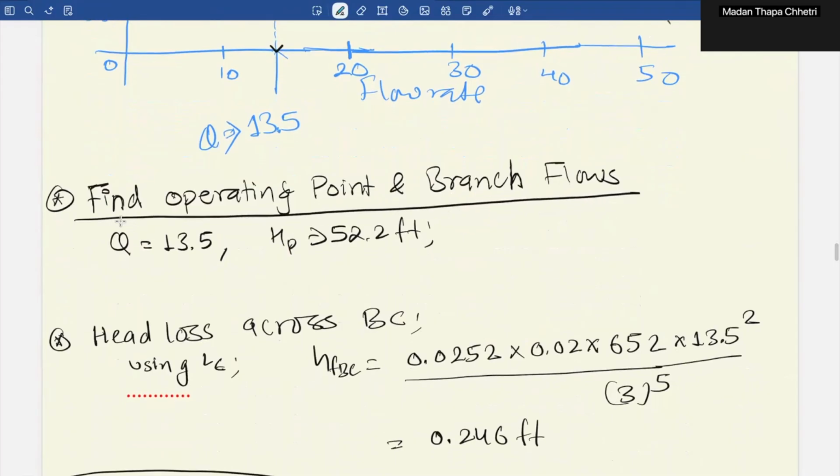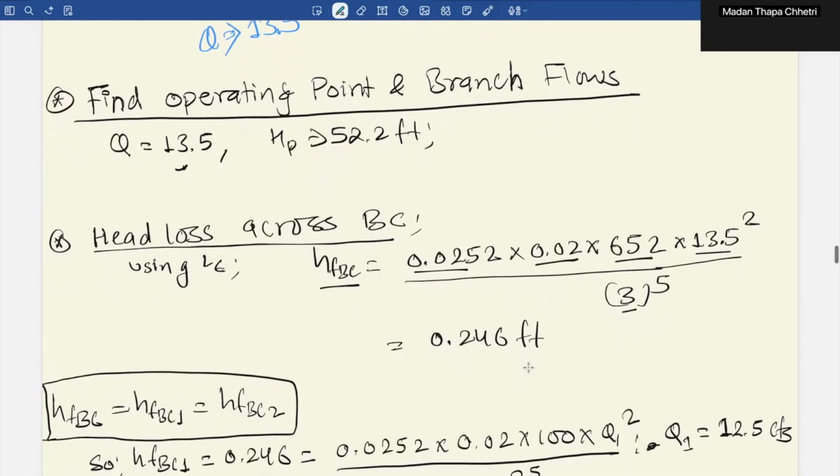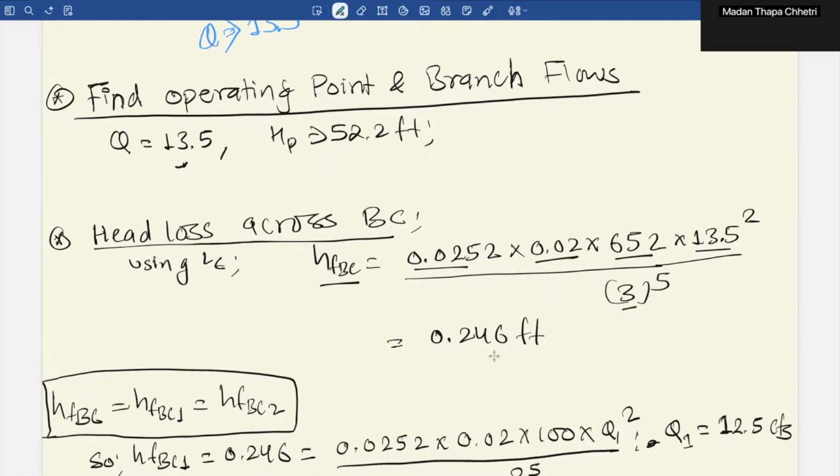So we need to find the flow rate for Q branch 1 and branch 2. The head loss across BC, HF BC, will be equal to, this is a constant, this is the frictional factor, this is the length of the equivalent pipe, this is the Q we computed just now, and this is the diameter, and we will have HF BC equal to 0.246 feet.